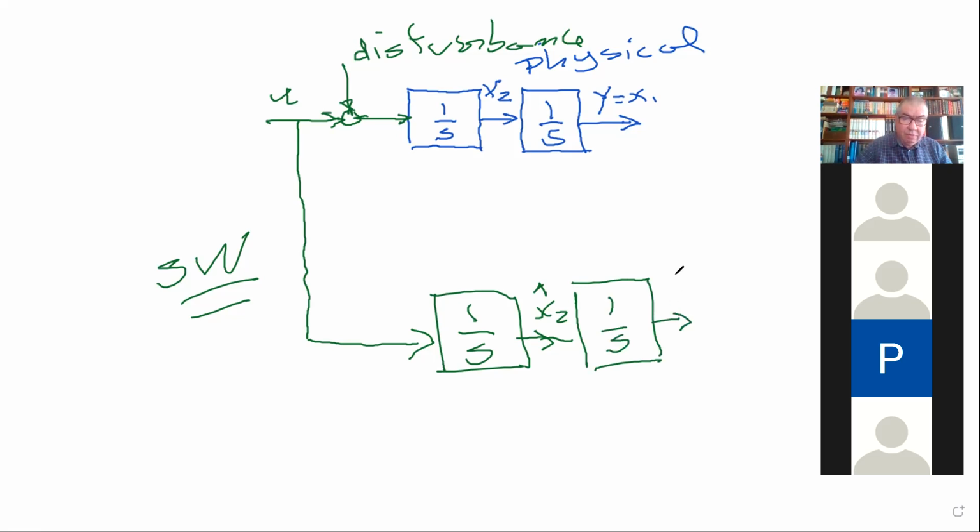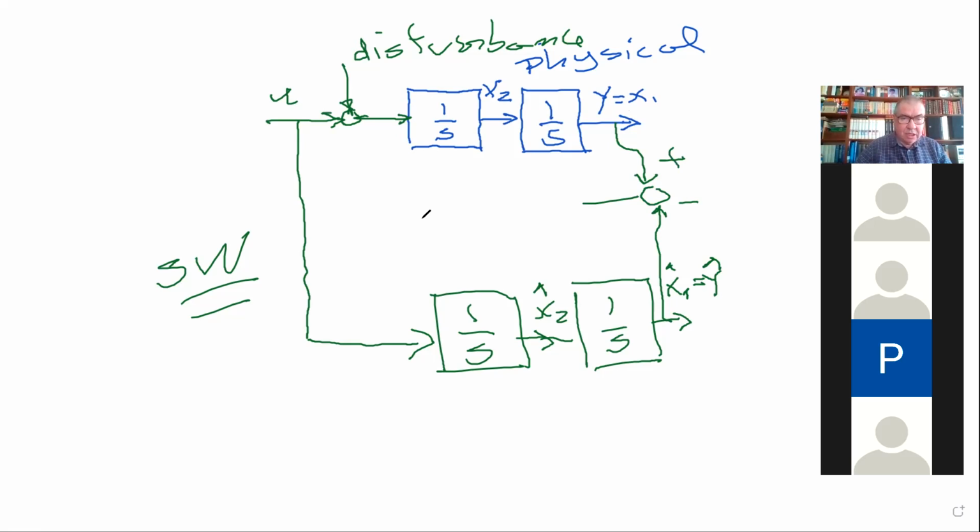So here you have an estimate of x1, which is an estimate of the output. Okay? Now we have an error here. Plus, minus. If there are no disturbances and the initial conditions are the same, then our estimate of the output should be equal to that. Otherwise, we need a correction term.